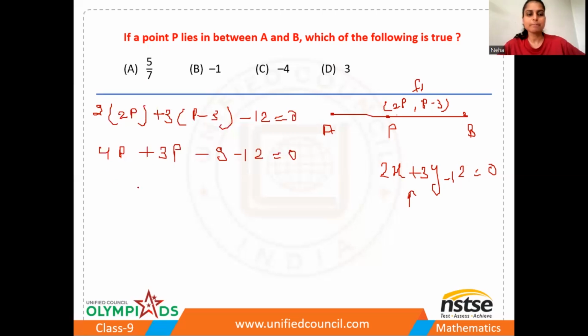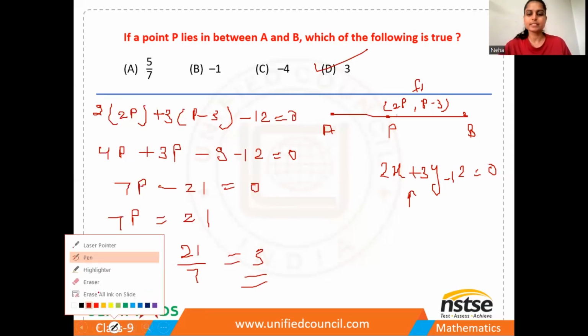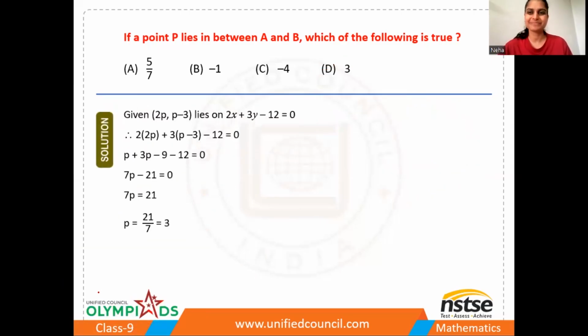So 4p plus 3p is 7p, and this is minus 21 is equal to 0. 7p is equal to 21. P is equal to 21 by 7. That is 3 is your right answer. Option B is your correct answer. Perfect. Nice. Now this is the complete solution to this question.